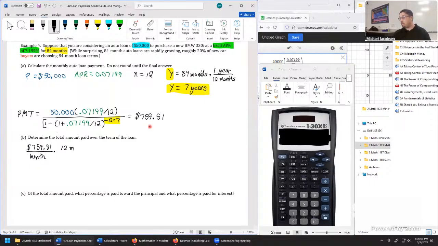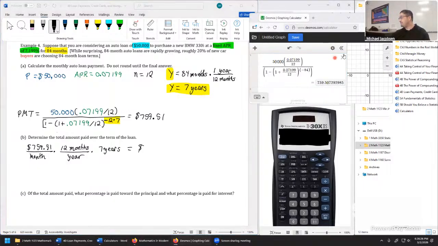We'll multiply by 12 months per year. That way we can now multiply by the 7 years. I guess we could have multiplied by 84 months. That might have been a little bit faster, but keeping this parallel to what we did before and focusing on the term of actual 7 years, let's multiply by 7 years here.